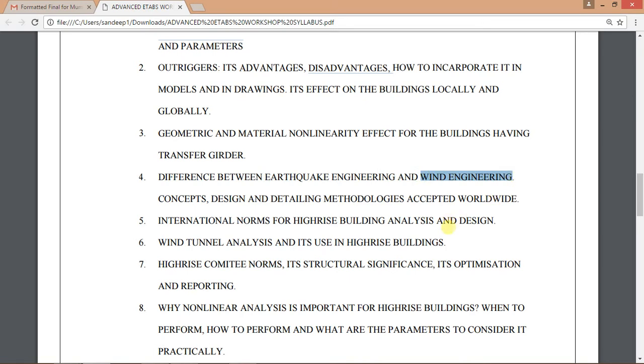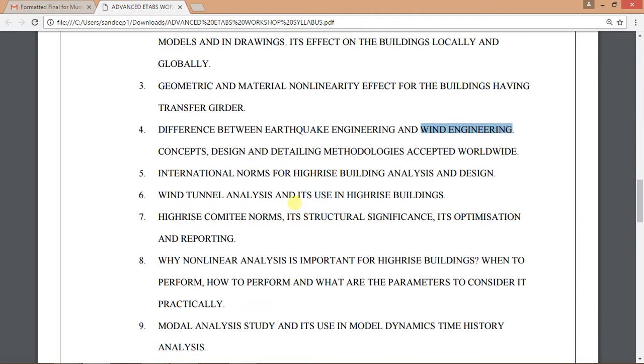Both are horizontal forces. The base shear difference is the analogy, the ground motion. When we have to have ductility, and for wind engineering, what all the parameters that we need to consider, for example vibrations. For earthquake, what all the parameters that we need to consider. So those things we will be taking into consideration while performing the analysis.